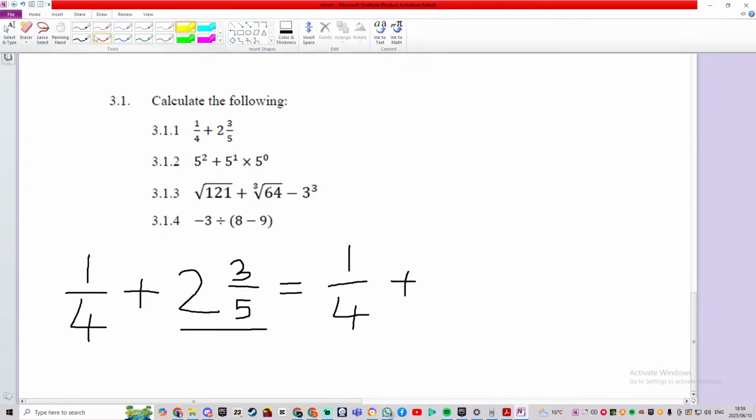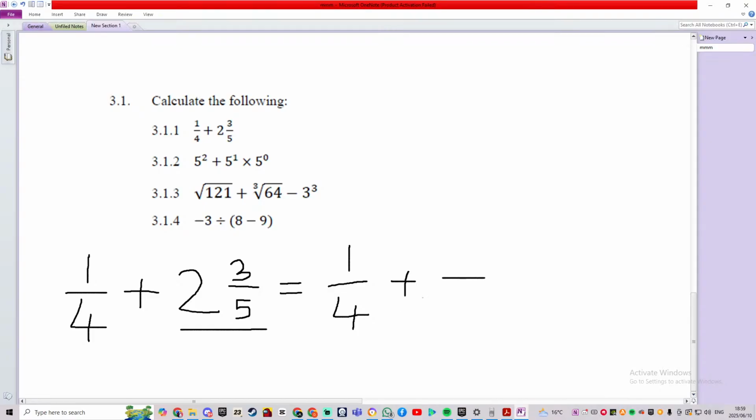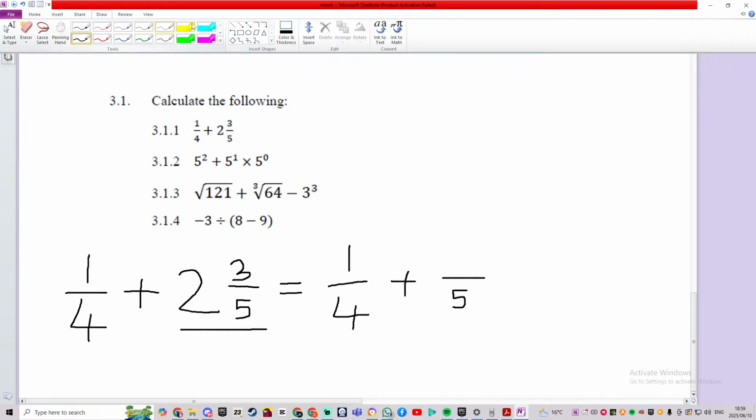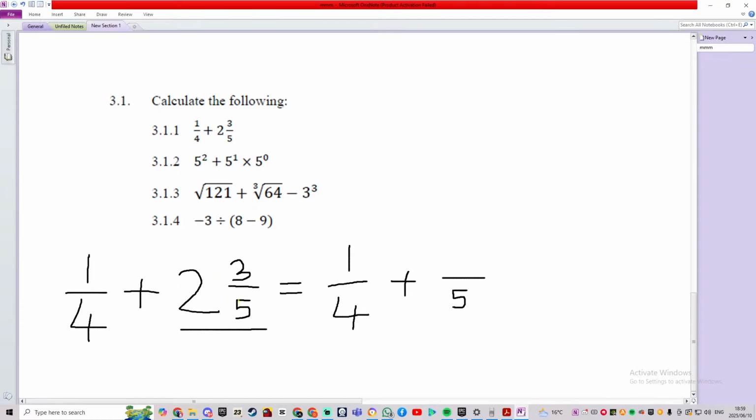Firstly, the denominator stays 5 for the mixed fraction. The next thing we need to do, we take this 5 and that 2 that's in front of that 5, and we multiply them.